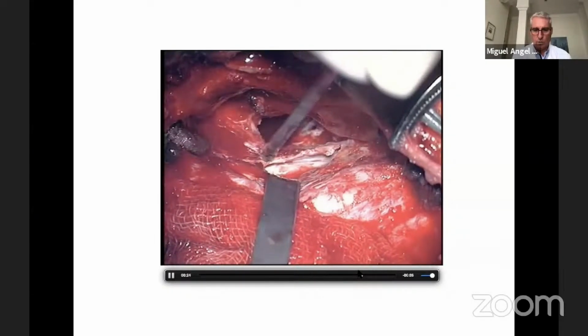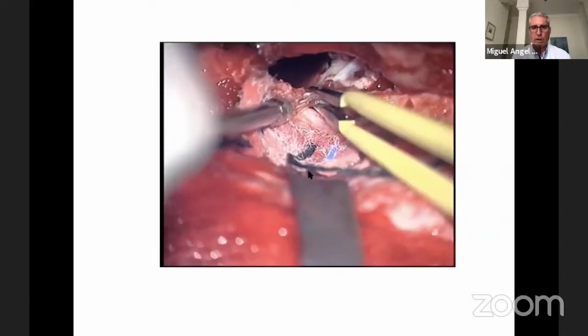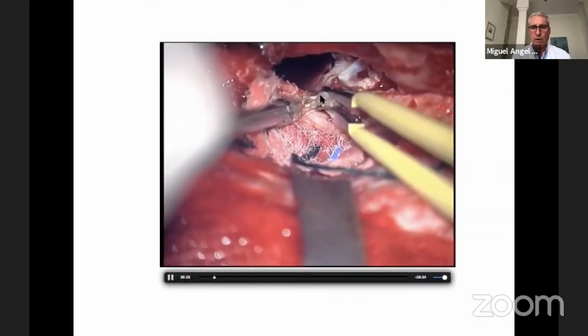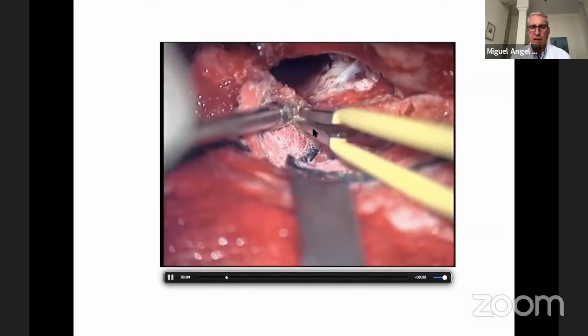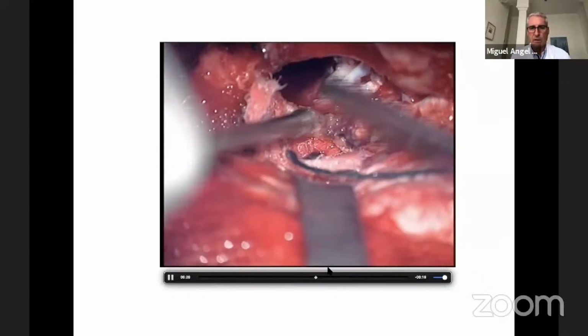Okay, you can see the trigeminal ganglion. Let's move to the next one. We are coagulating. You can see the cisternal segment of the fifth nerve.